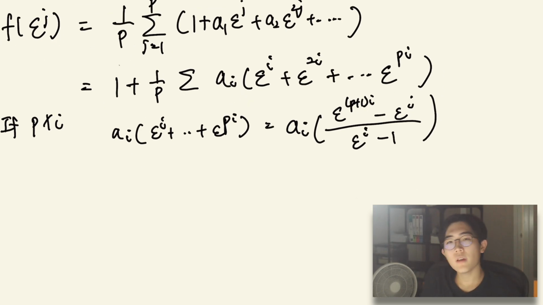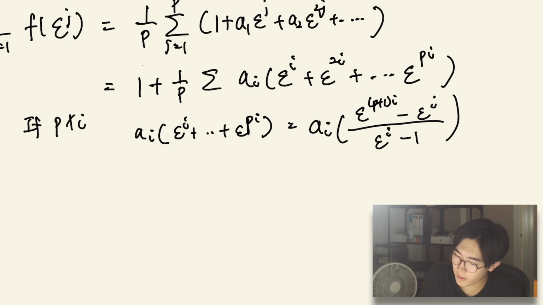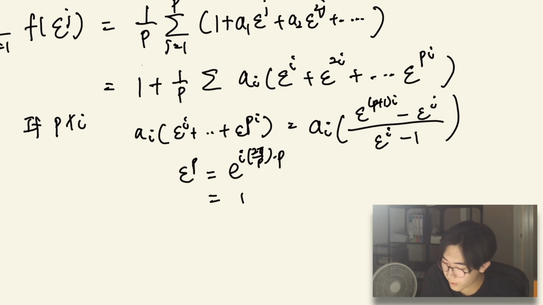And we should take note that sigma^p is basically e to the power of i 2 pi divided by p times p, which is equal to 1.